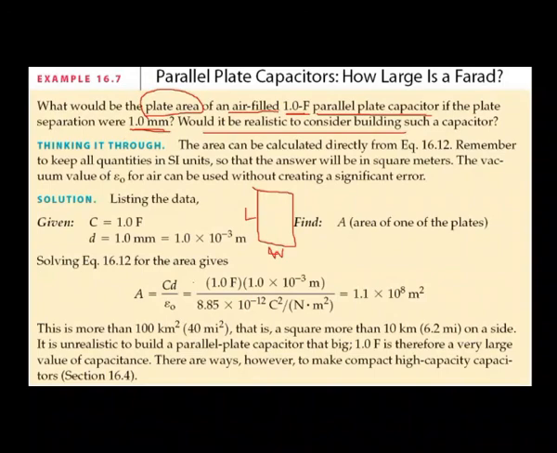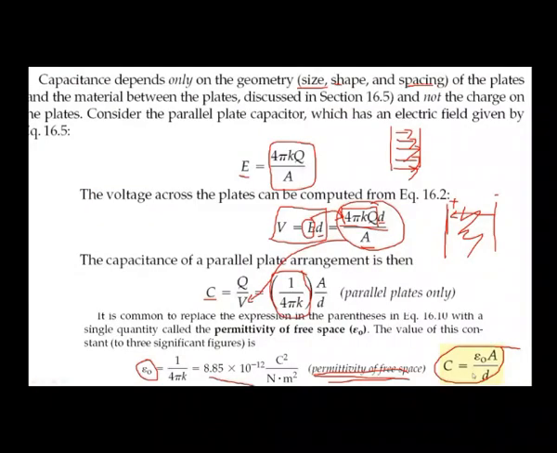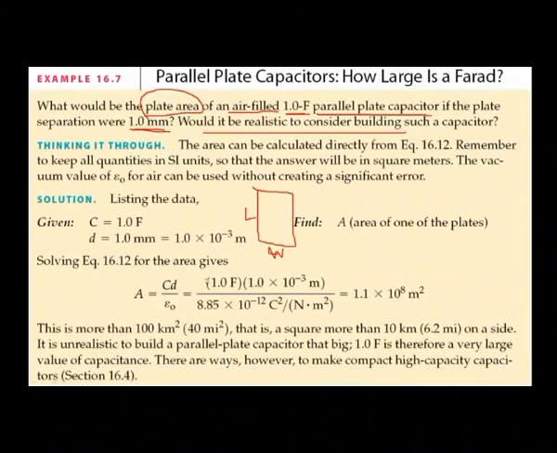Given the formula previously, to solve for area we have this formula right here. The value for C is 1 farad, and the value for d, the distance, is 1 times 10 to the negative 3 meters, since this is in millimeters. Then with the value of the permittivity constant, the answer would be 1.1 times 10 to the 8 square meters.